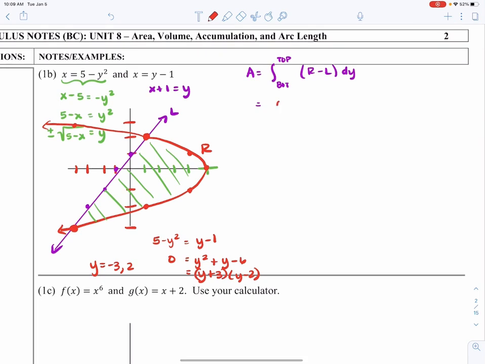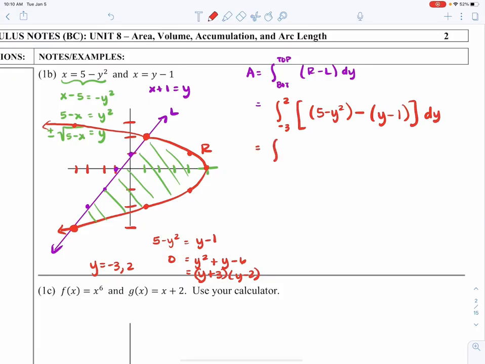So that tells me the bounds of my integrand are going to be from -3 to 2. My rightmost function is going to be the parabola, 5 minus y squared. My leftmost function is y minus 1.